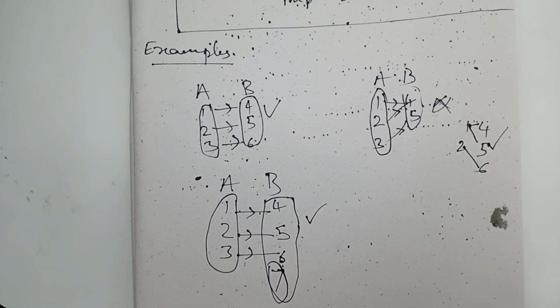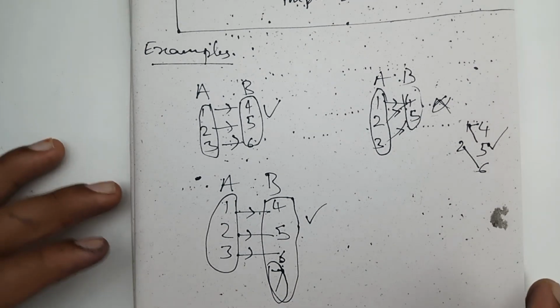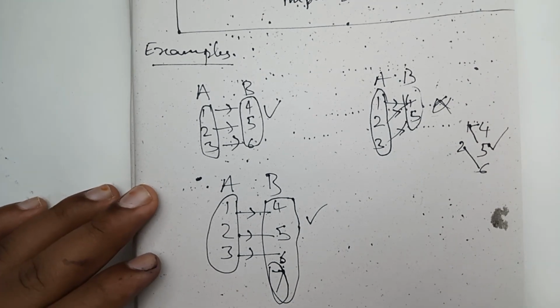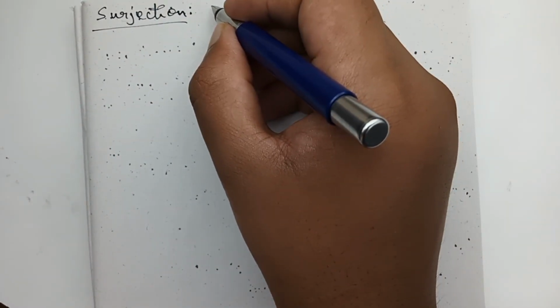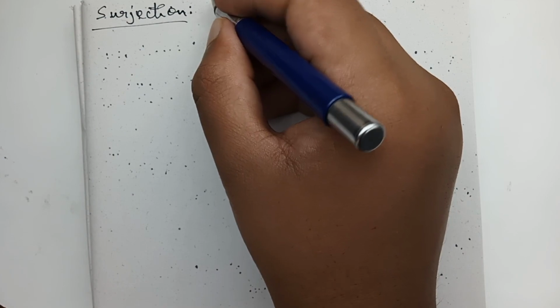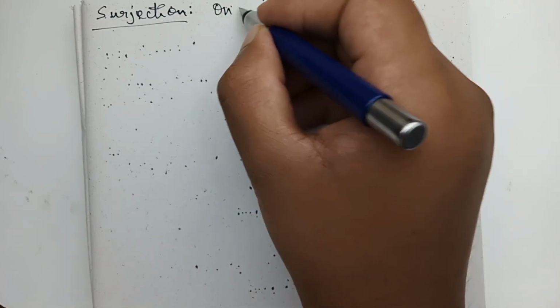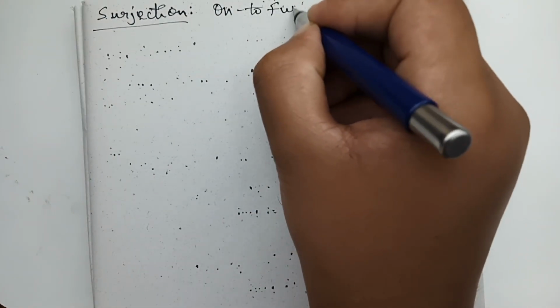Okay, let's go to the next one, surjection. Surjection is also called an onto function.